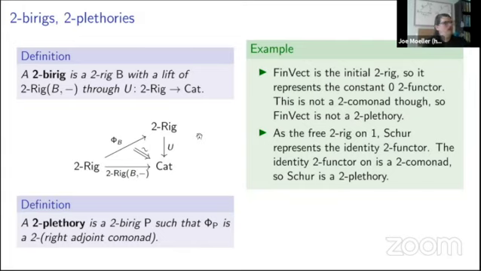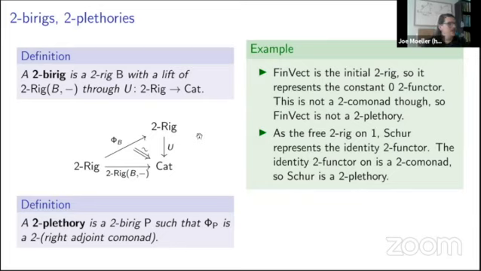So the initial ring is Z, and we also have that the initial 2-rig is finite dimensional vector spaces, and this gives a 2-birig, and it represents the constant 0 2-functor. And similarly, it's also not a 2-plethore for the exact same reasons.